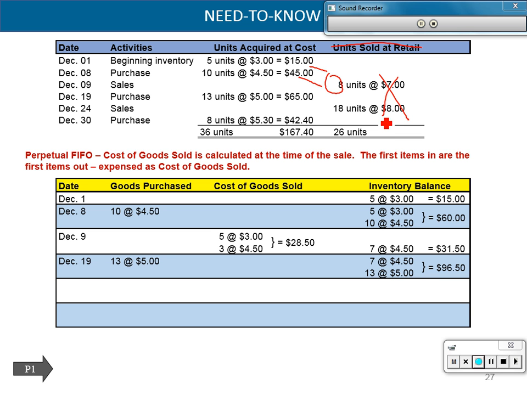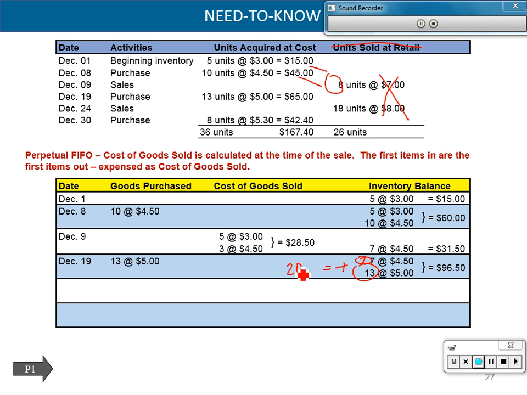So again, going back here, you have 13 plus the 7 units on hand, which gives you 20 units on hand. We're selling 18 of them. So 7 of them are gonna come from this first cost.